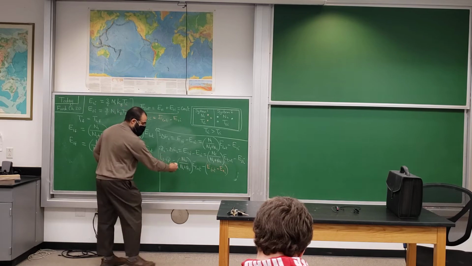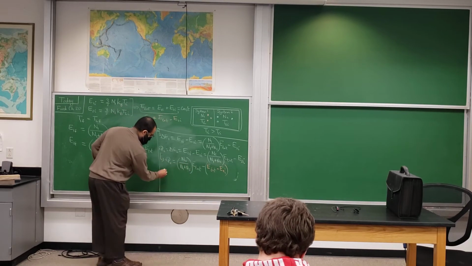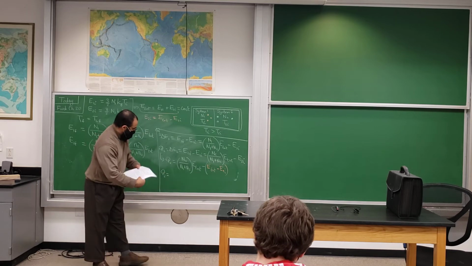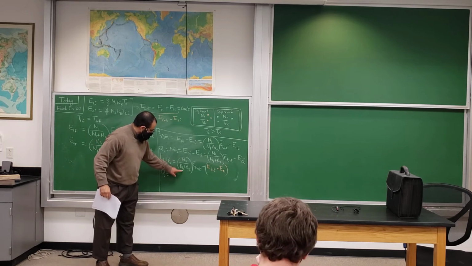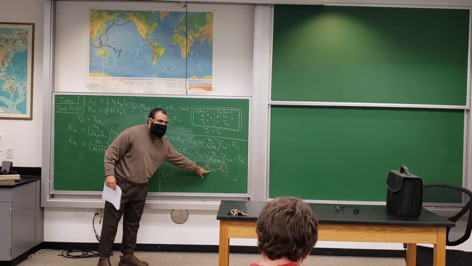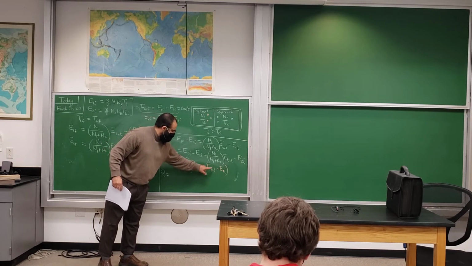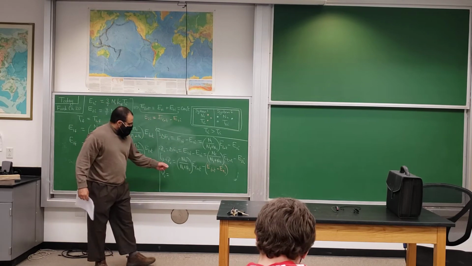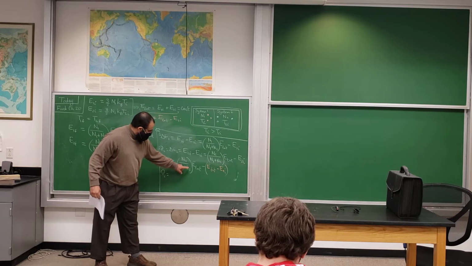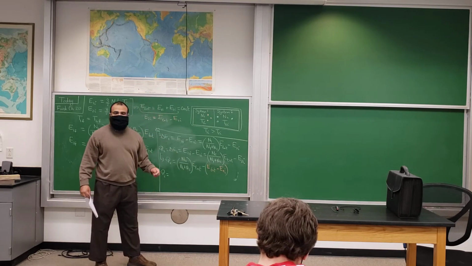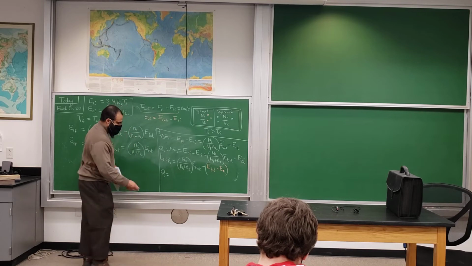Let's combine these two. So we have Q2. You have N2 over N1 plus N2 times E total, and then minus E total, and then minus becomes plus E1 initial. So I have something times E total minus E total. If I factor out E total, I would have what?